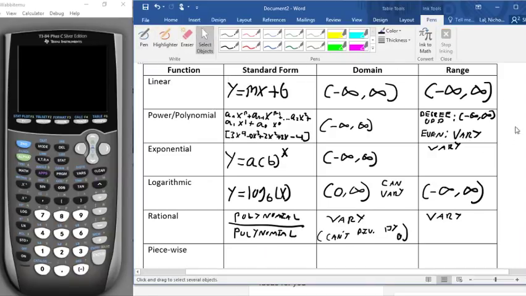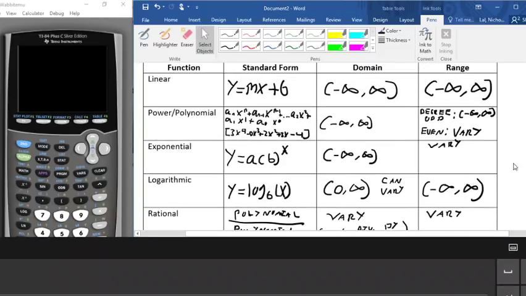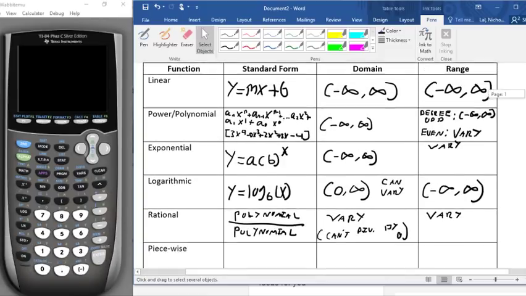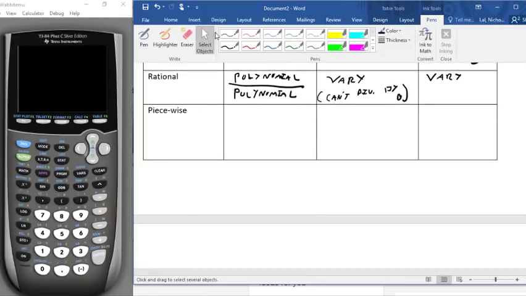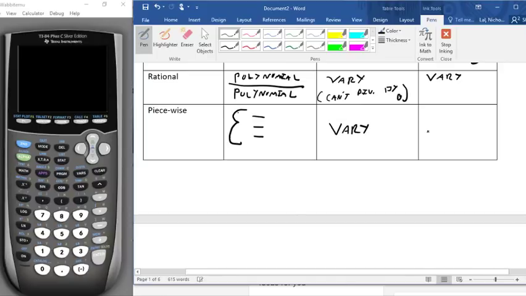For a piecewise function, you have different functions on different intervals. And so with the piecewise function, the domain and the range will very much vary.